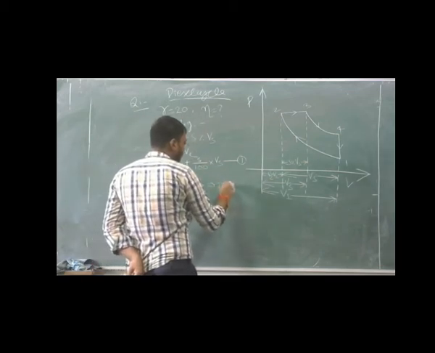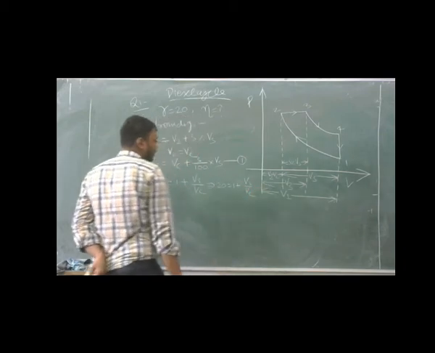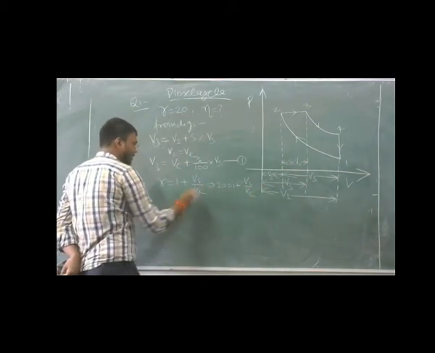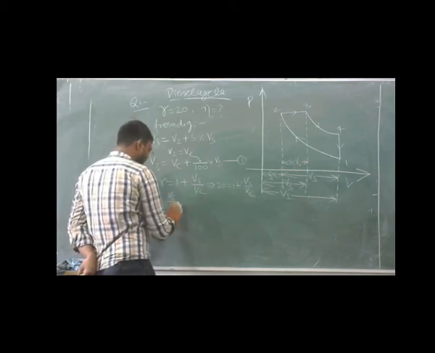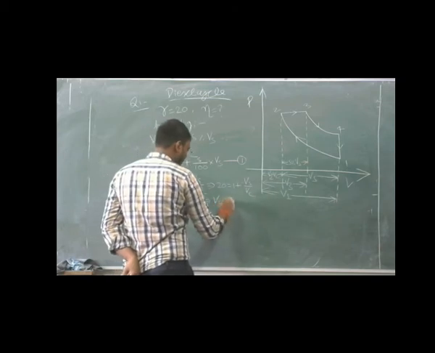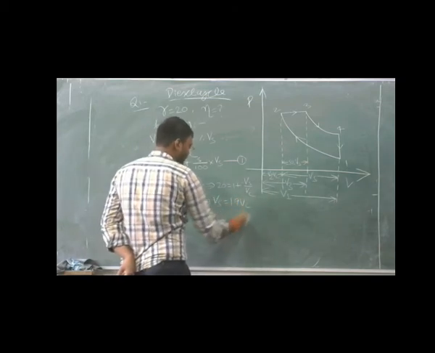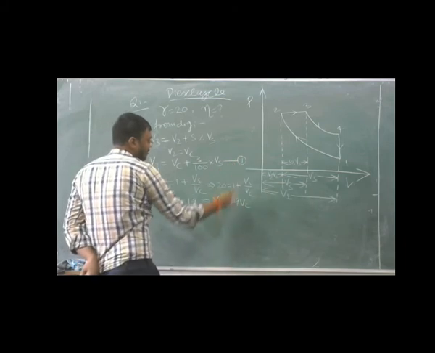So 20 is equal to 1 plus Vs by Vc, or you can say 20 minus 1 is 19, Vs by Vc equal to 19, or Vs equal to 19 Vc. Put this value Vs equal to 19 Vc in equation number 1.